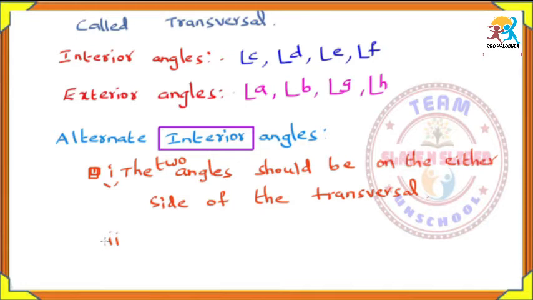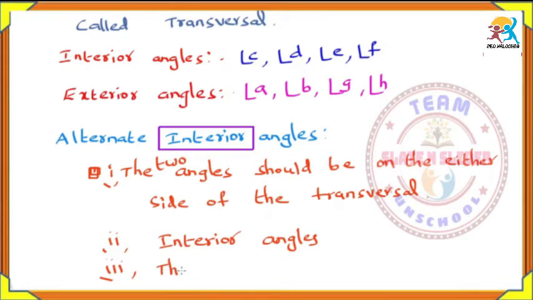And the second one is the two angles should be interior only. That means the two angles are interior angles. And the third one is the angles which we are choosing are not adjacent angles.